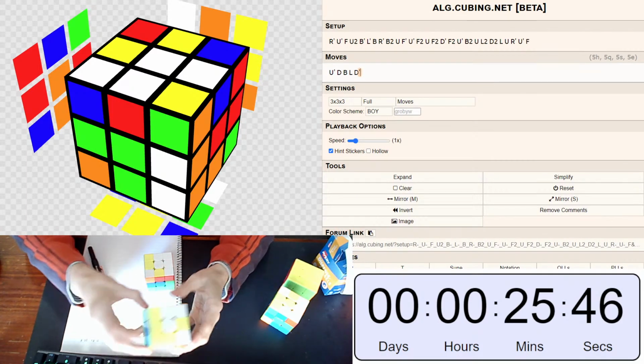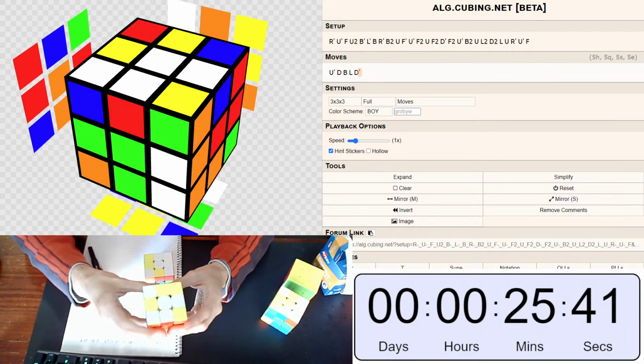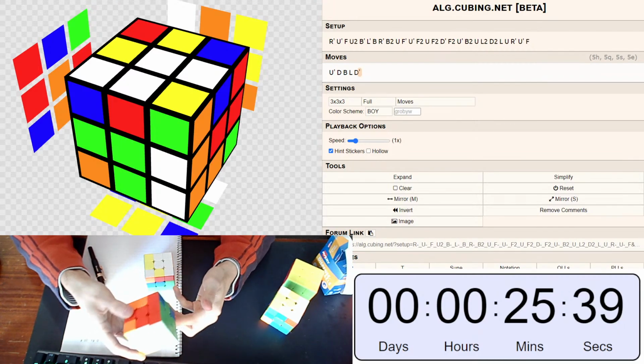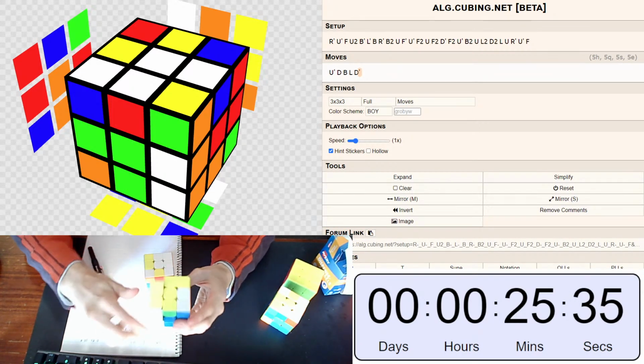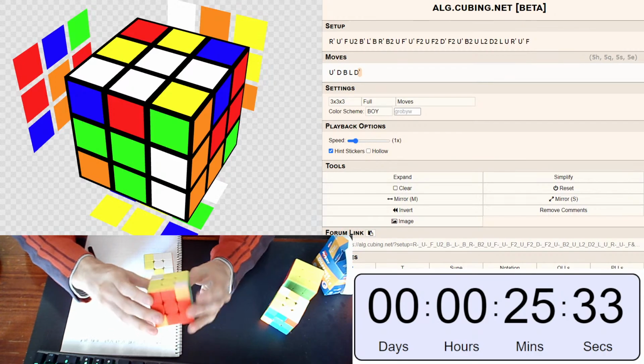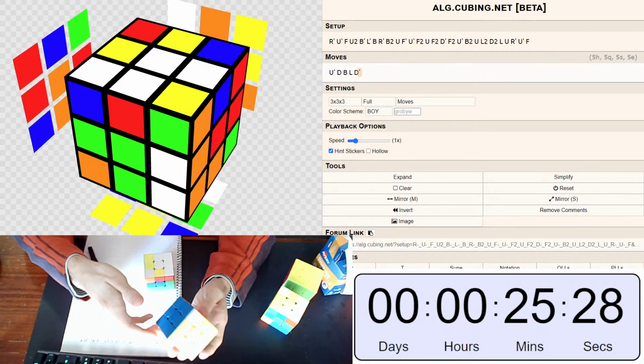So literally LBL, pretty much. Or just solve as much as you can. And then have, okay, I've got 4 corners here, which is not fun, but doable.